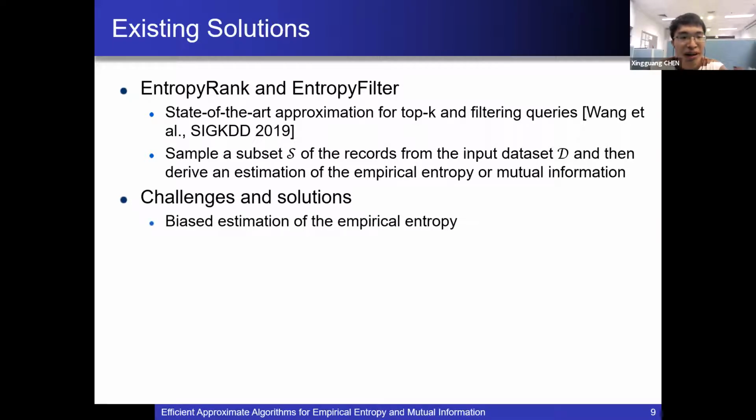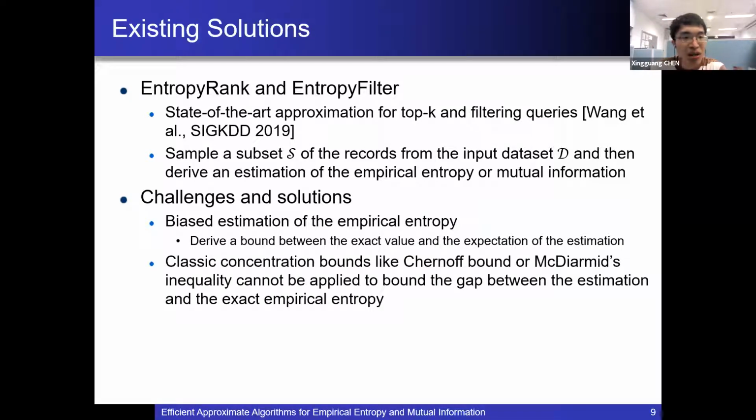The first one is the biased estimation of empirical entropy, so they derive a bound between the exact value and the expectation of the estimation. The second is that classic concentration bounds like the Chernoff bound or McDiarmid's inequality cannot be applied to bound the gap between the estimation and the exact empirical entropy. So they use a concentration bound for sampling without replacement.